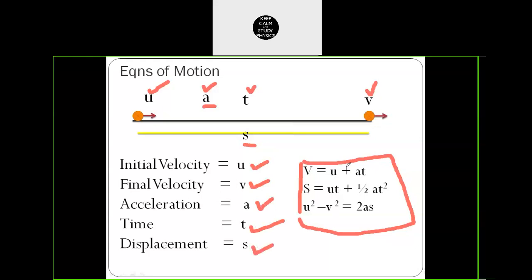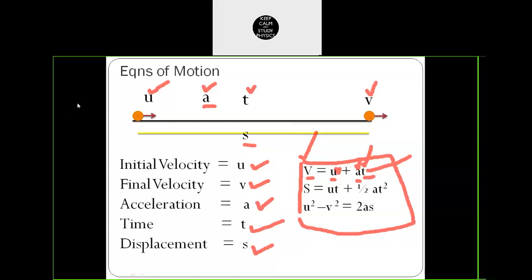What are the uses of these equations? They are helpful to determine unknown quantities. For example, with the first equation, if you know the initial velocity and the acceleration, then you can find the velocity after a time of t seconds, which is called the final velocity.